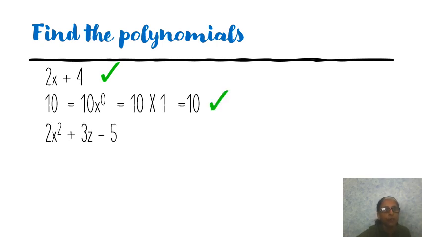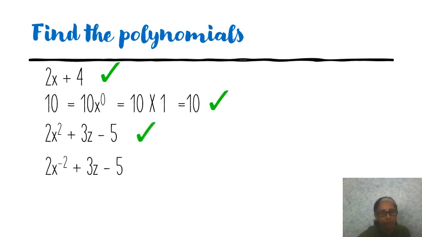Next one, 2x square plus 3z minus 5. Is this a polynomial? How to check? See the exponents. They are all whole numbers. 2, and z is having 1. Therefore, all the exponents are whole numbers and therefore this is a polynomial.